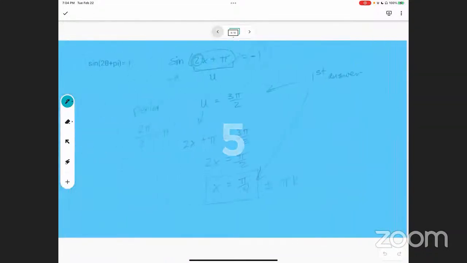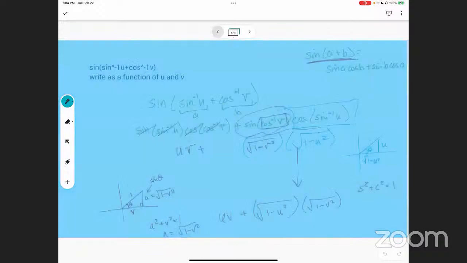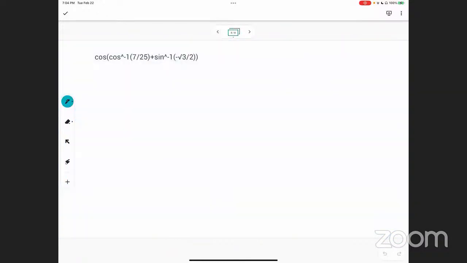Well, you have one more question, it looks like here. Let me see if I can do that for you real quick. So this is saying cosine of cosine inverse of 7/25 plus sine inverse of negative root 3 over 2.